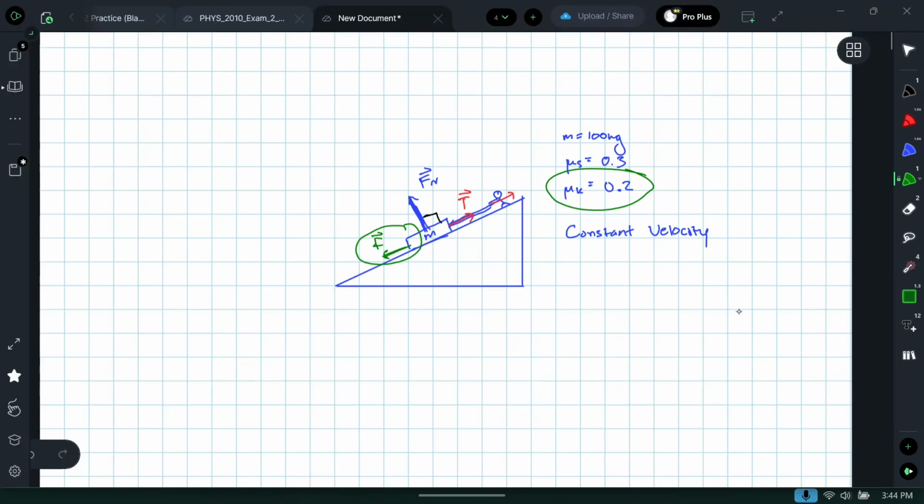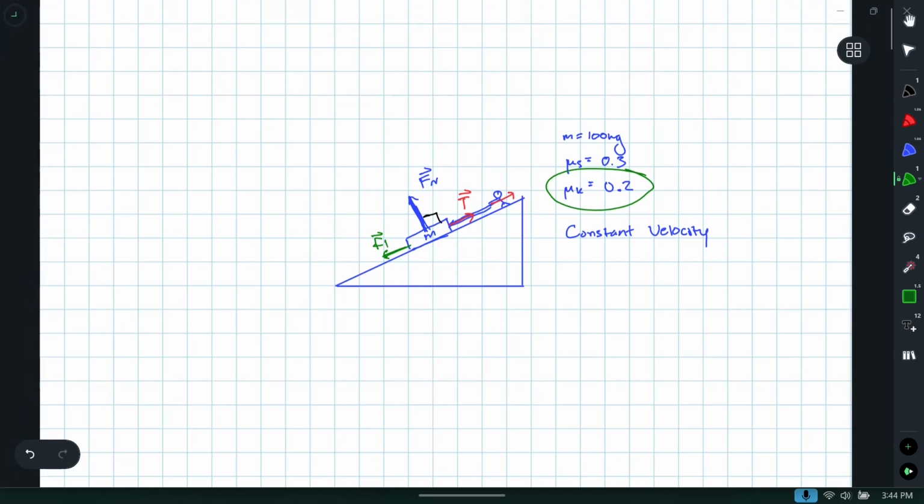So anyway, that's just how you know for certain that this is kinetic or sliding friction. And then the last thing is that the log is interacting with the Earth as a whole, and this is through that gravitational force, or the weight, and we know that's just mass times g.